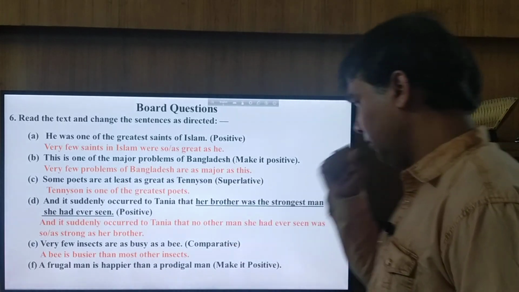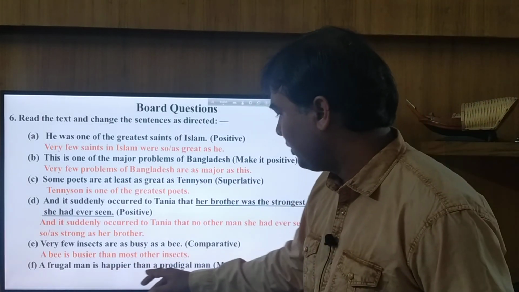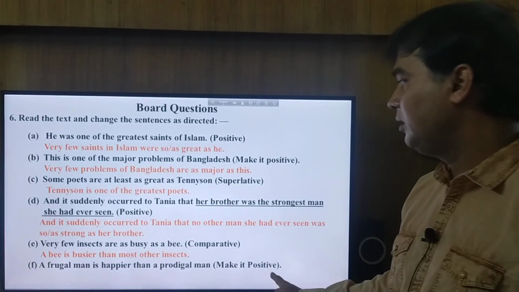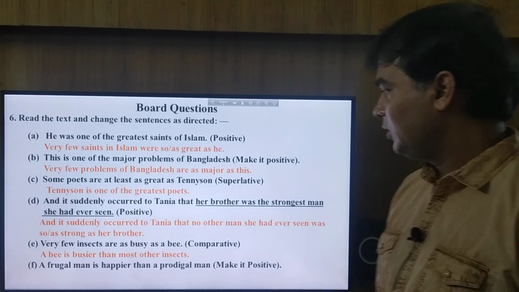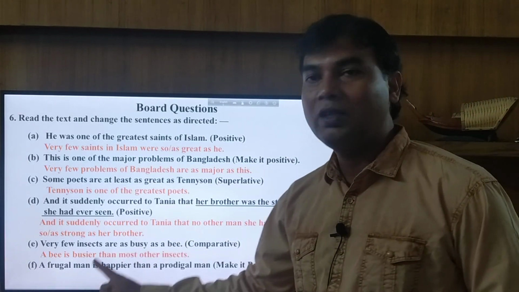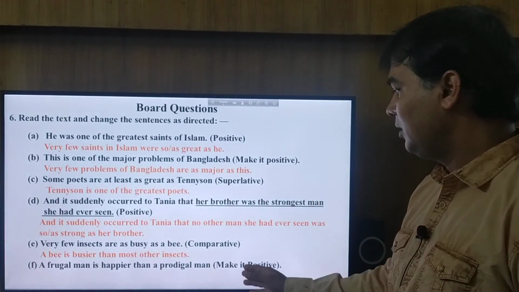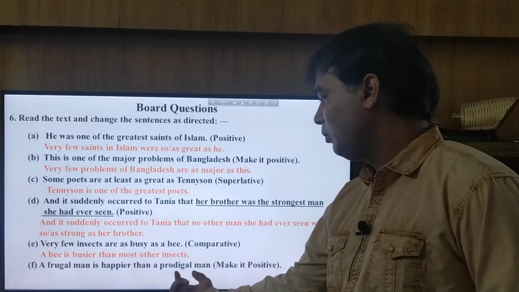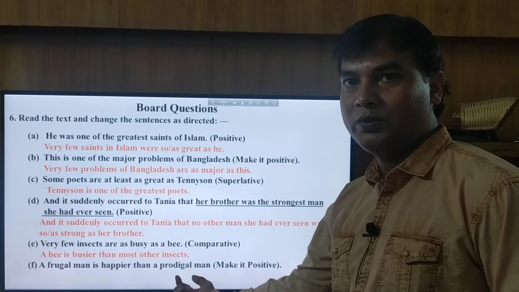And now the last one: A frugal man is happier than a prodigal man. Make it positive. Here you see this is a comparison with one person. So in that case you have to write down the comparable person or object.